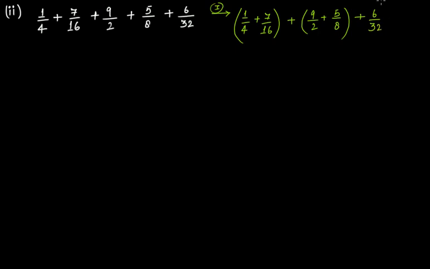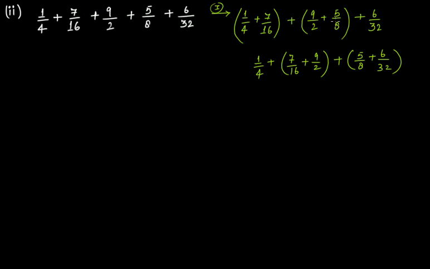Now you can ask, can't we do it like this? Can't we put 1 over 4 plus 7 over 16 plus 9 over 2 and plus this one, the pairing 5 over 8 plus 6 over 32? Yes, you can do this. So it doesn't matter whether you follow this one or this one, you're going to get the same result.